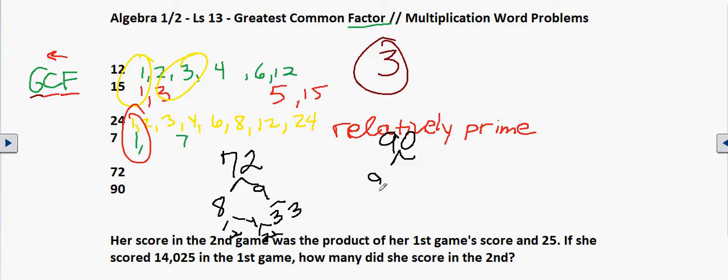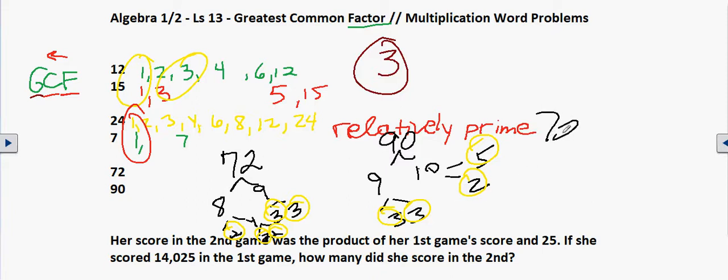And 90. 9 and 10 is what I'm going to pick. 5 and 2 are prime. 3 and 3 prime. Now, we list them left to right, greatest to least.